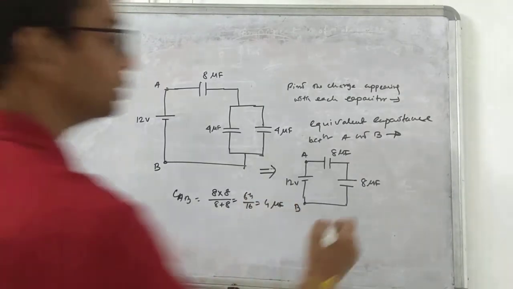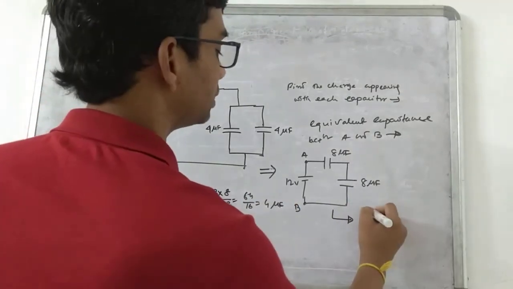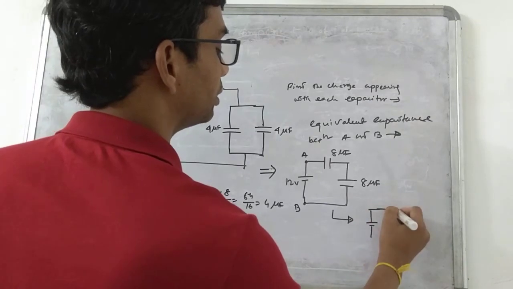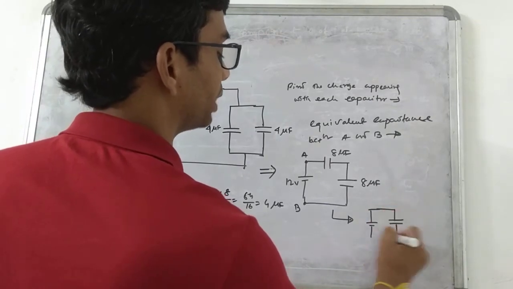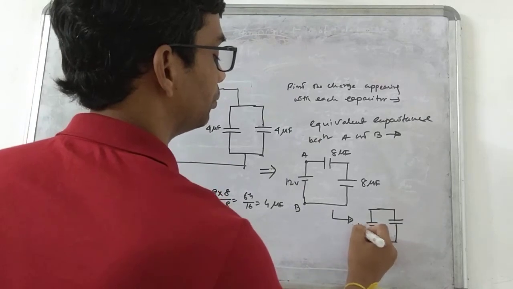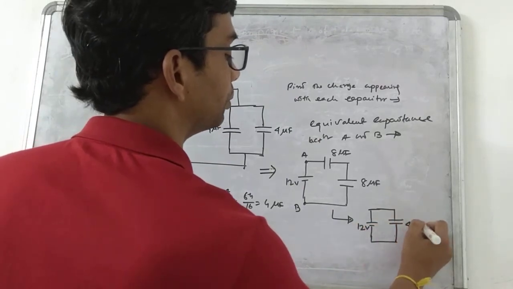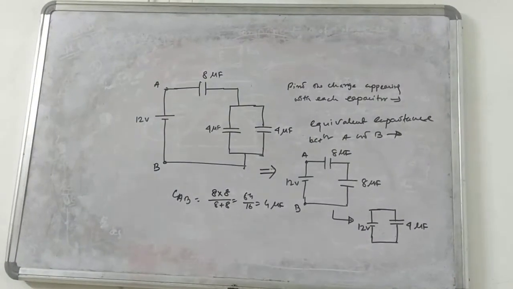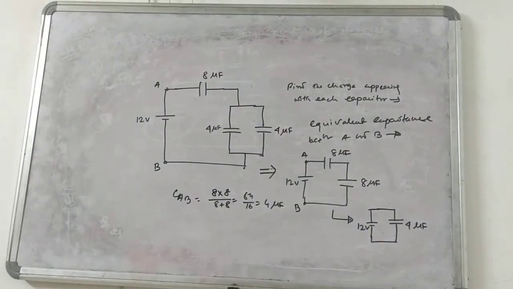That means this is our 12 volt supply and this is our 4 microfarad capacitor. So the circuit becomes a simple one: 12 volt and 4 microfarad capacitance.